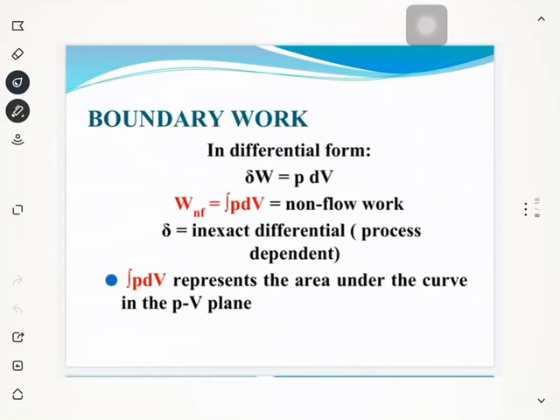It is an inexact differential, that is, process dependent, and the integral of P dV represents the area under the curve in the PV plane. So if we have the area under the curve, if you have this PV here, pressure versus volume, for example, here you have this point 1.